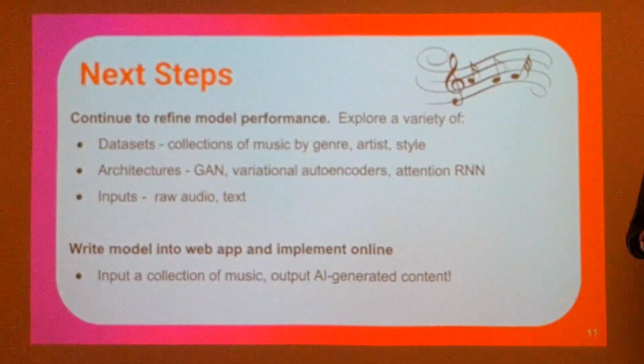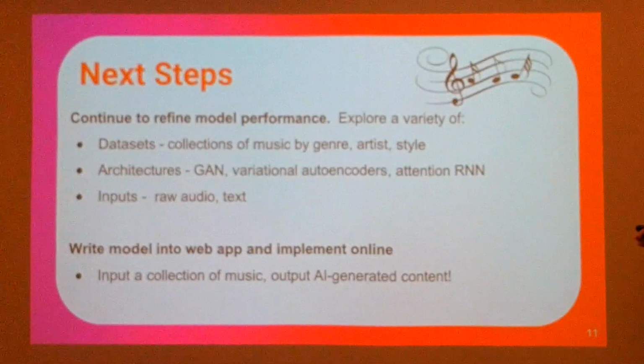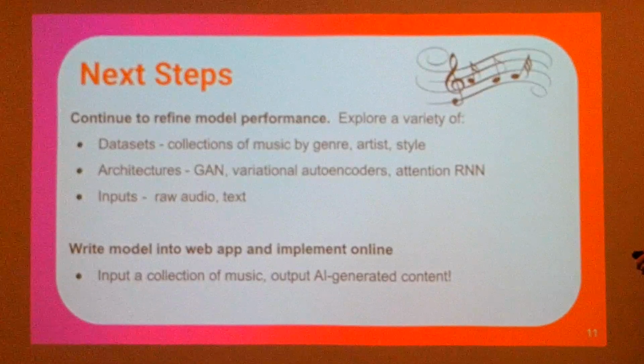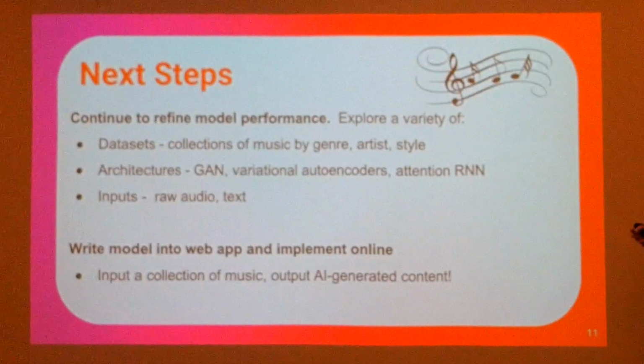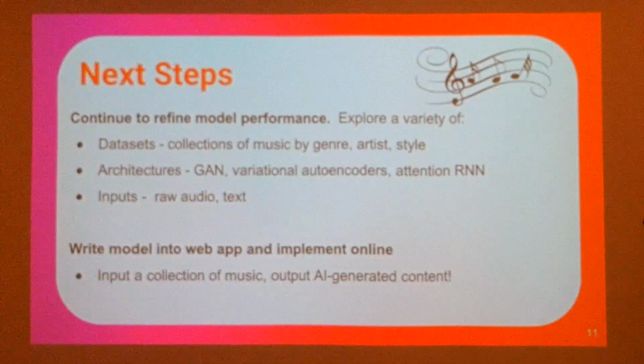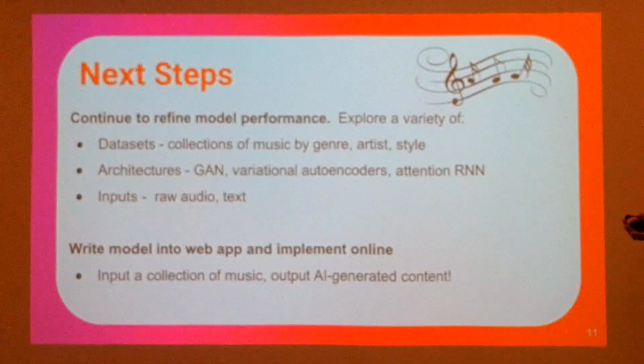We can look into different architectures, such as generative adversarial networks, or GAN, variational autoencoders, and attention RNN, all of which have gained significant traction in the music generation area. We can look into different inputs, such as raw audio and text. And finally, I would love to put this into a web app where a user would just input a collection of music files, and unique AI-generated content would be output.